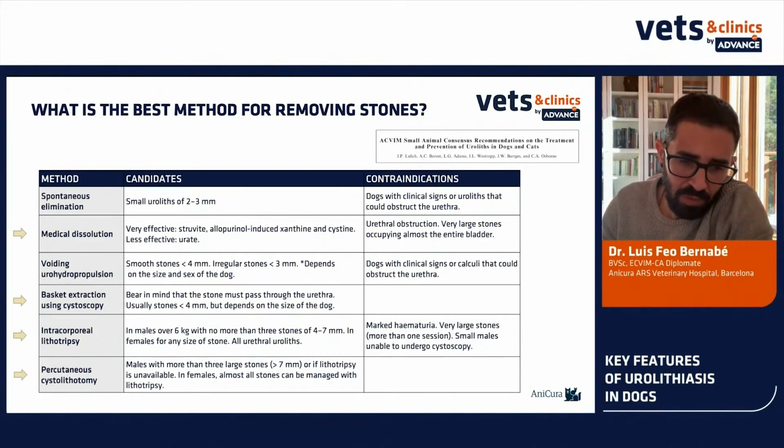But I think it depends on what you have in your clinic. I think it's reasonable to do a percutaneous cystolithotomy in most of them if you don't have the other techniques. And for sure, medical dissolution when we think it's necessary. We will talk about that later because we will talk about all the different calculi, so we will talk more about medical dissolution.